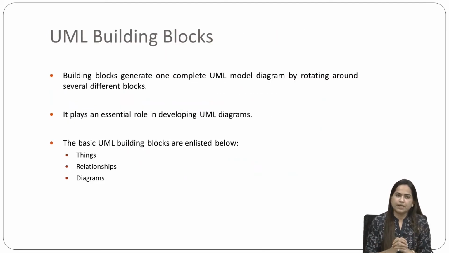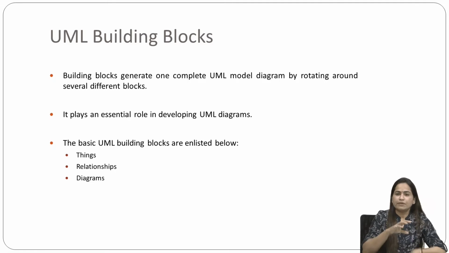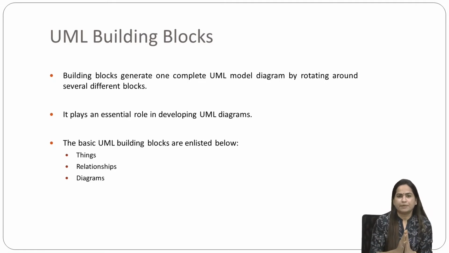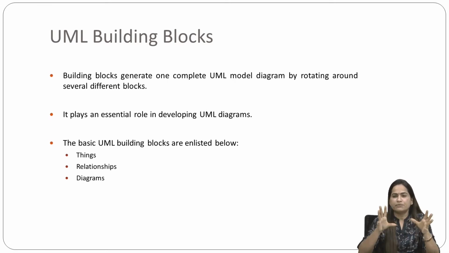Then after we have UML building blocks. Now when we are talking about UML building blocks, we can say that when we are creating a UML diagram, the complete UML model diagram is generated by revolving around several different blocks that are called the UML building blocks.